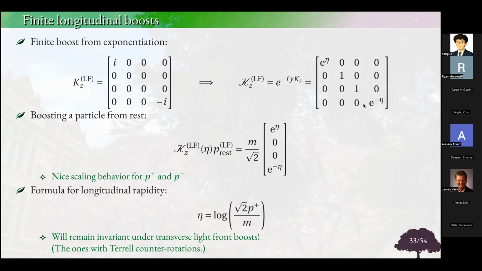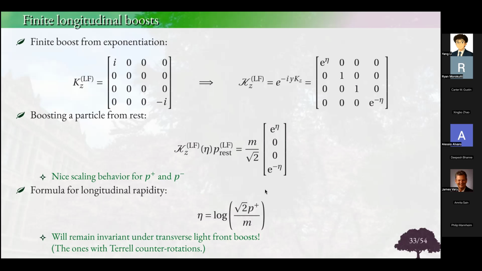Of course, a boost in the z direction leaves x and y invariant. But boosting along the z direction basically just means that you scale your plus and your minus components in opposite directions. So this is actually really nice.